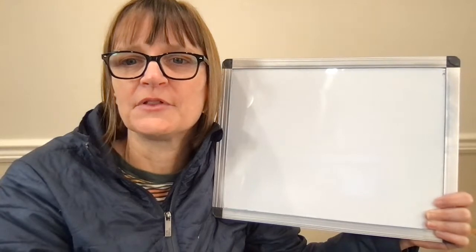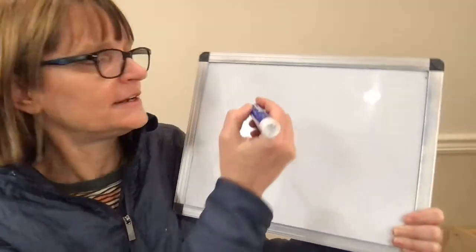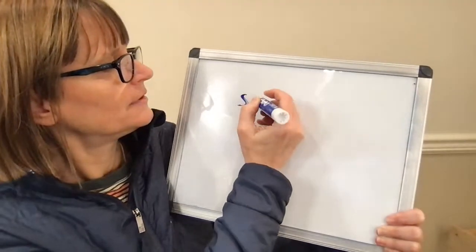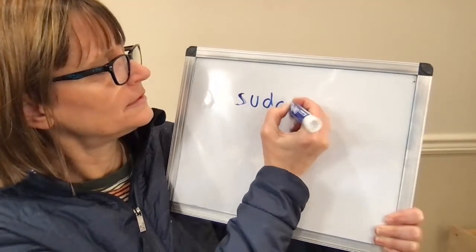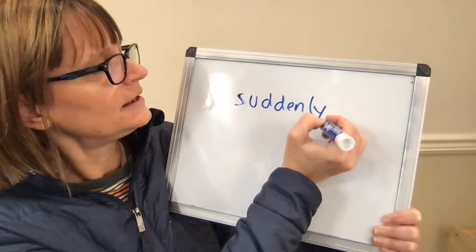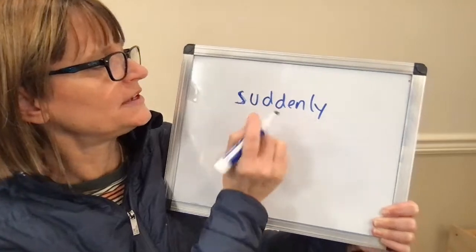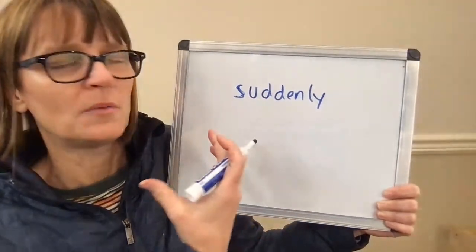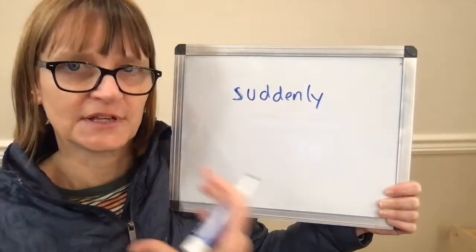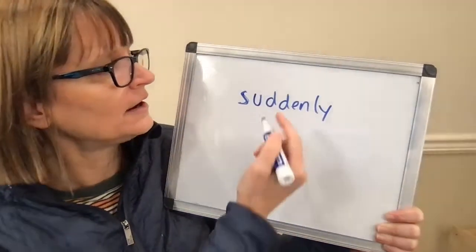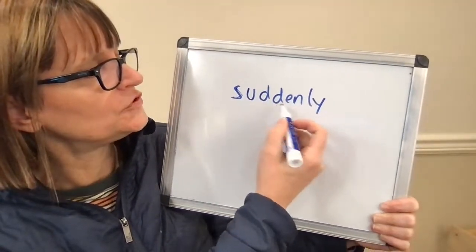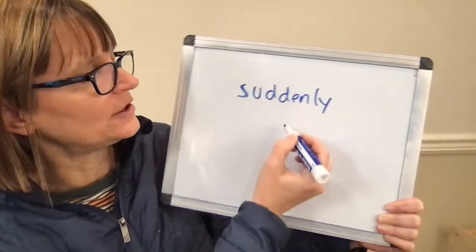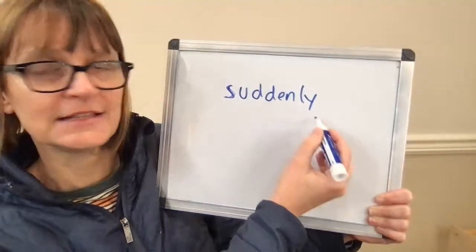Question about the word suddenly. If I said it slowly, suddenly, it has all those sounds. But when we say it in connected speech, he was suddenly there. We kind of drop out this vowel here, we don't say suddenly.